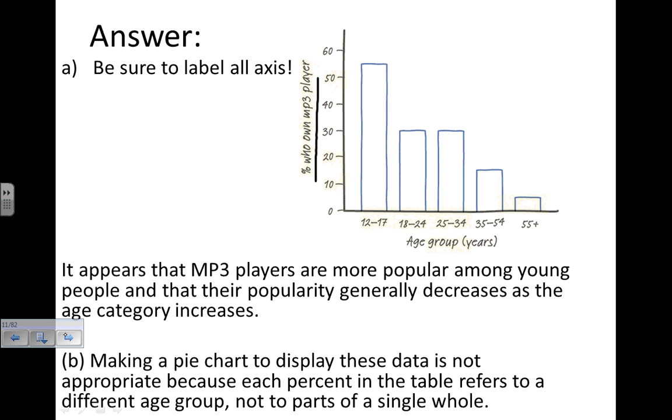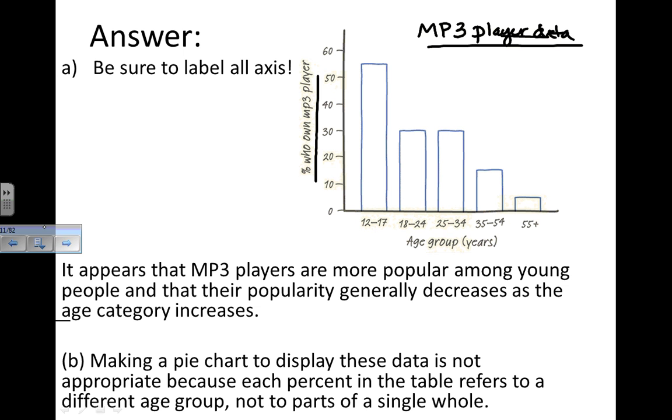You might give an overall label for the MP3 player data as well. But label, label, label. So here it appears that MP3 players are more popular among young people and that their popularity generally decreases as age category increases.